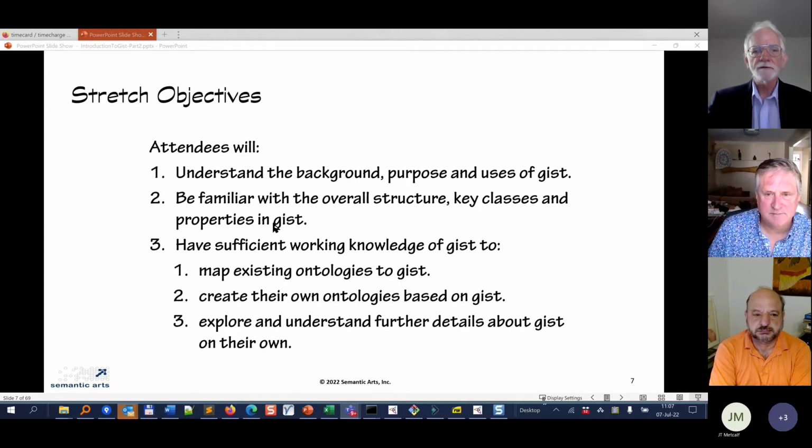And the stretch goal is that once you have seen this presentation and maybe done some poking around on your own, you'll be able to begin the process of mapping existing ontologies to GIST if you need to do that, or maybe create your own ontologies based on GIST. And then, just enough to be able to go ahead and explore further and understand GIST on your own. It's easily downloaded from our website.